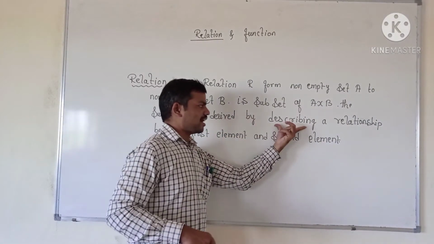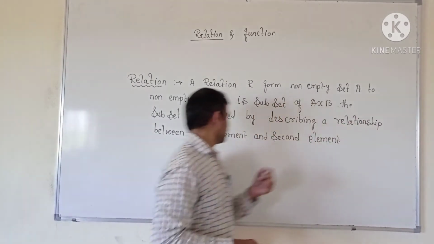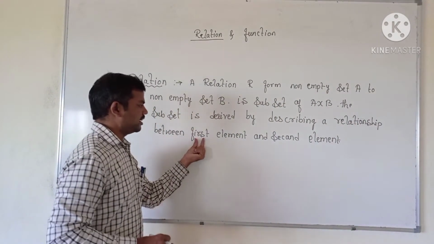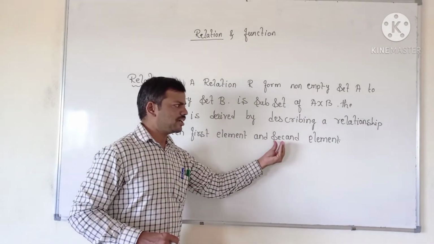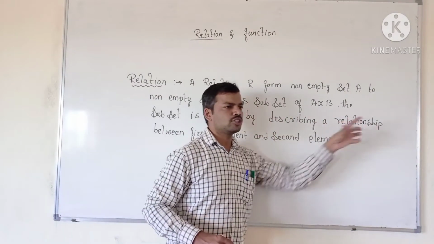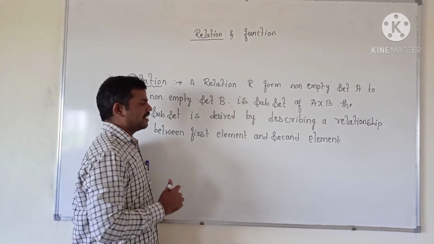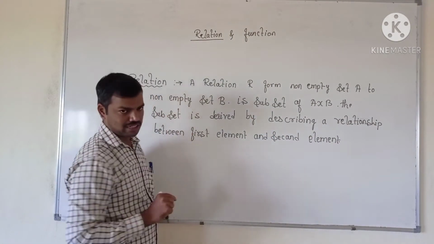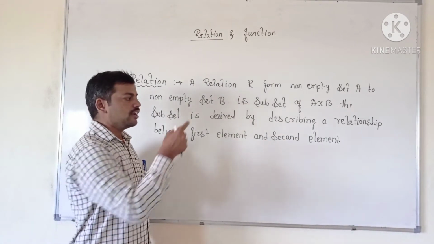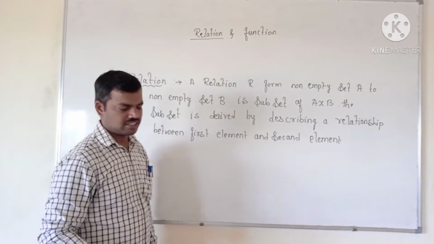By describing a relationship between first element and second element. We give a relationship to the first element and second element. And the second element is called the image of the first element.